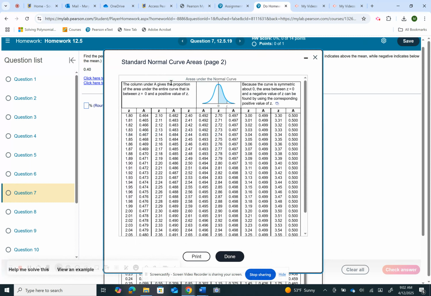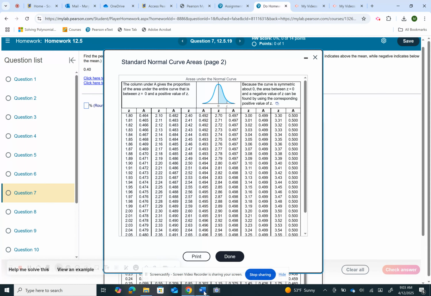So the z-score was a negative, which I don't see negatives in there, but that's okay. I'm just going to go to 2.62. So that's down here. See my cursor down there? That's 0.496.